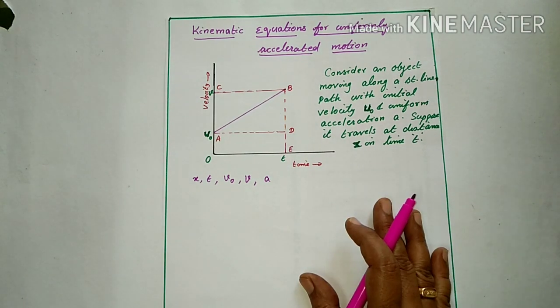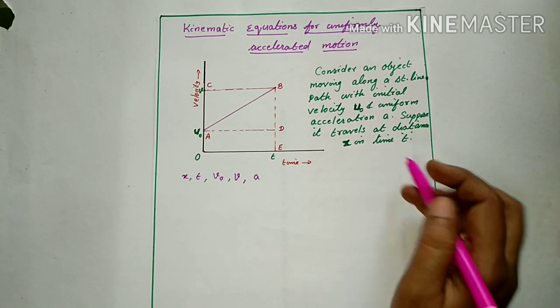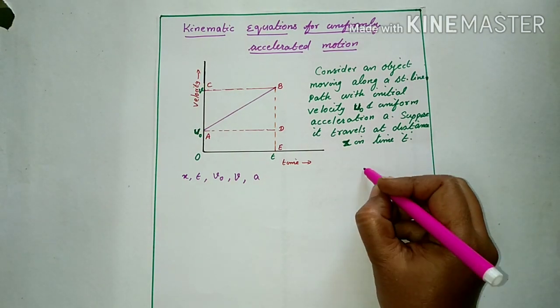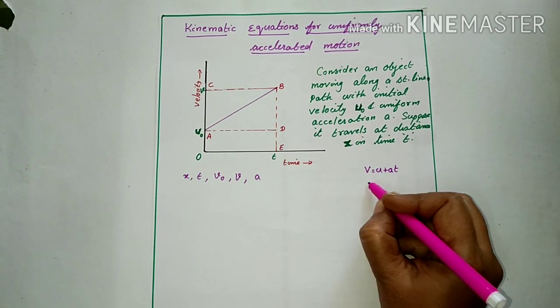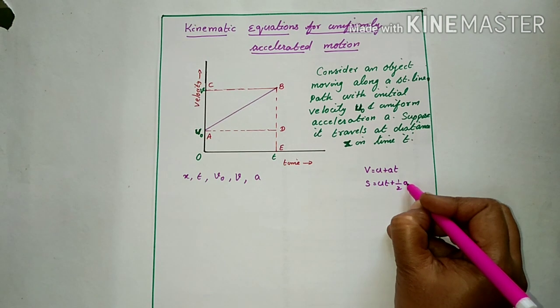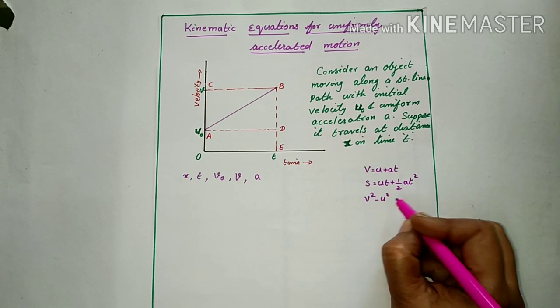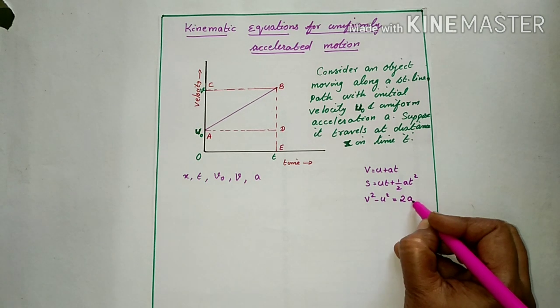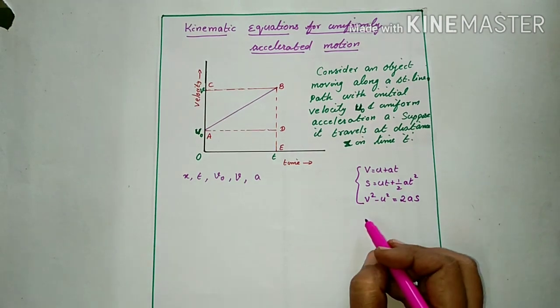Last year, that means in the 9th standard, you studied these equations of motion, that is v equal to u plus at, s equal to ut plus half at square, and v square minus u square equal to 2as. These are the equations you studied in the 9th standard.